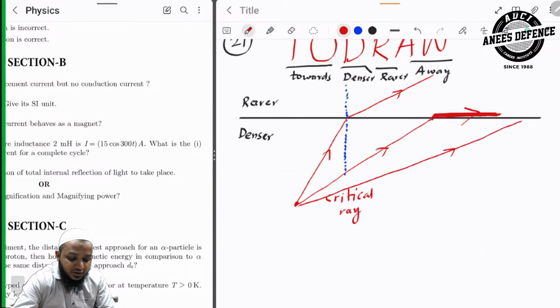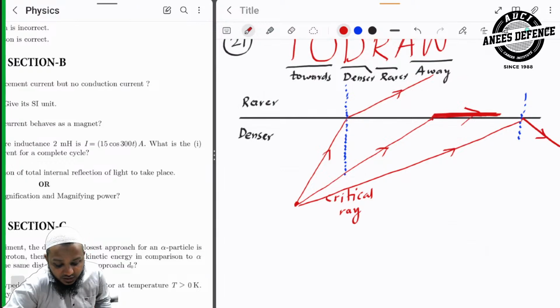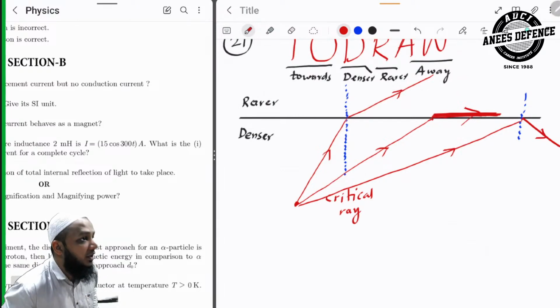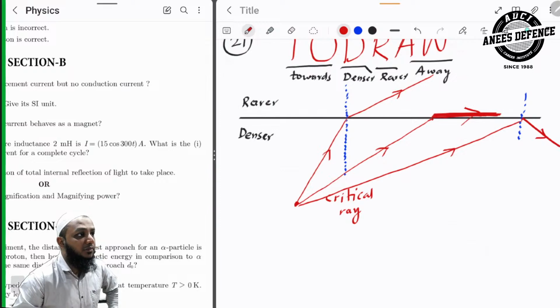When the angle of incidence is increased, then what will happen? Now, the ray will try to bend more than this ray. The ray will go inside the same medium. See, the previous rays have changed the medium of propagation. They are entering into another medium, therefore these are known as refraction. But after the critical ray, the ray is going into the same medium.